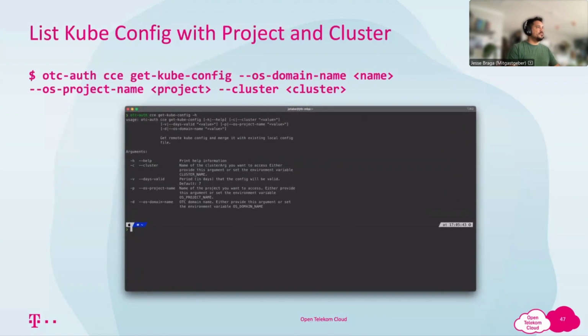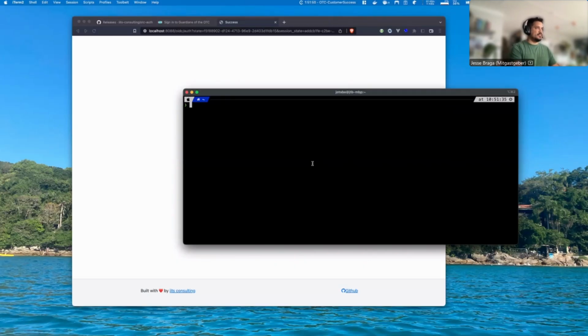Okay, so we're going to get the kubeconfig that we're talking about, and we're going to use for that the command OTC-Auth CCE get kubeconfig. Just before I fire that command, I want to talk about how Victor had to merge that file manually.